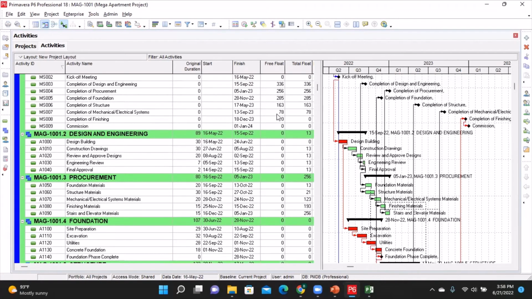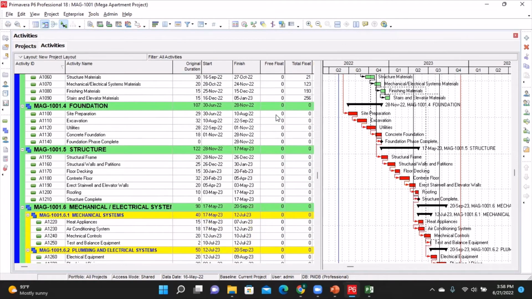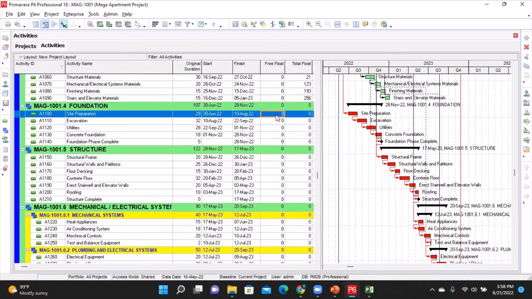As you scroll down the activities on this project, you're going to notice some of the activities there satisfy that condition. That is why you see that their free float and total float equal 0.